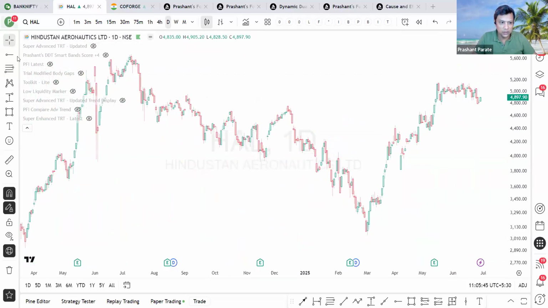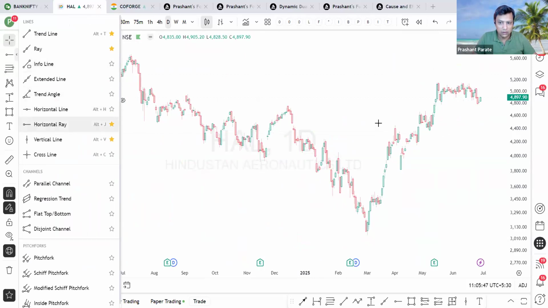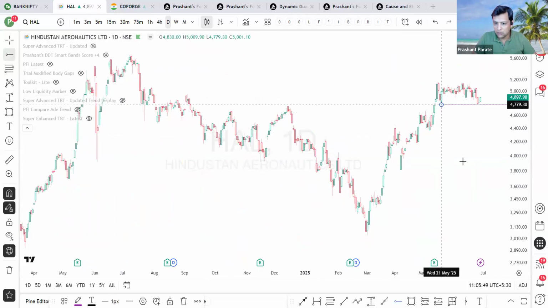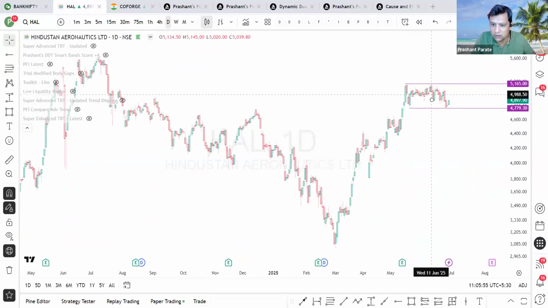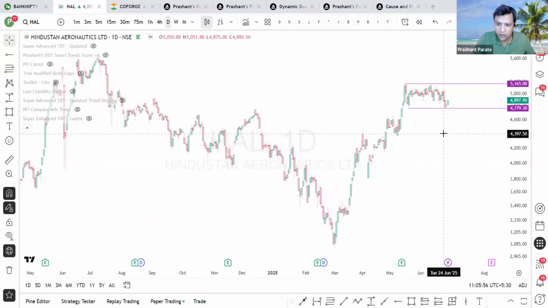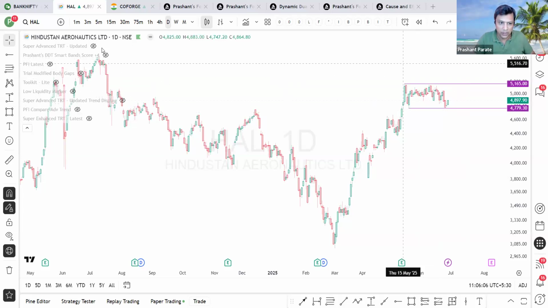Based on price action, this is kind of a local support. This is forming a trading range, and it is in strong bullish momentum. We may see some spring and a breakout may happen based on naked price action.